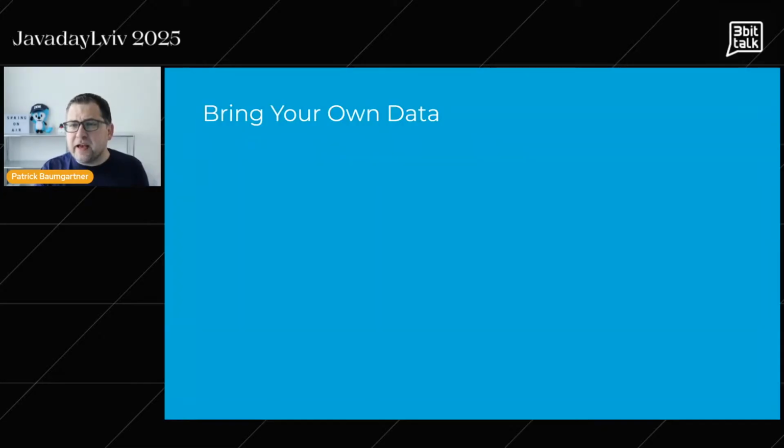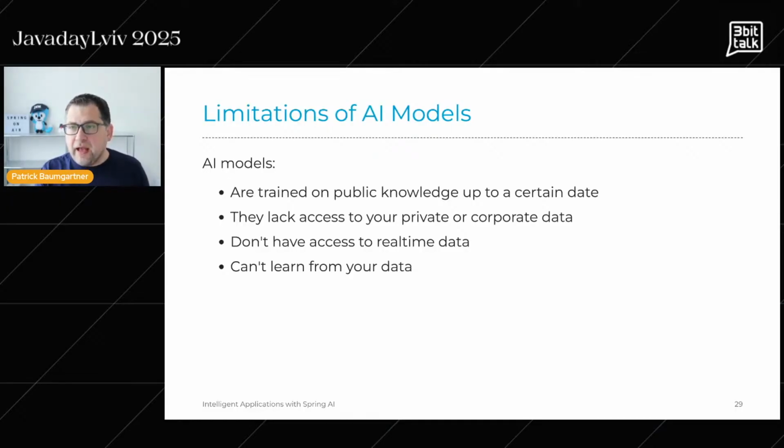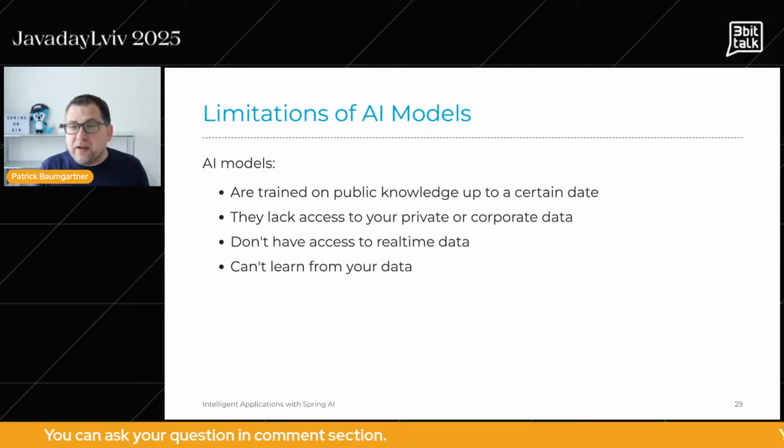Now the question is, how do I add my own company data, which maybe is not even on the internet, not even public, right? There are certain approaches which we can use to bring in this real-time or almost real-time information. And we have to deal with the limitations we have.